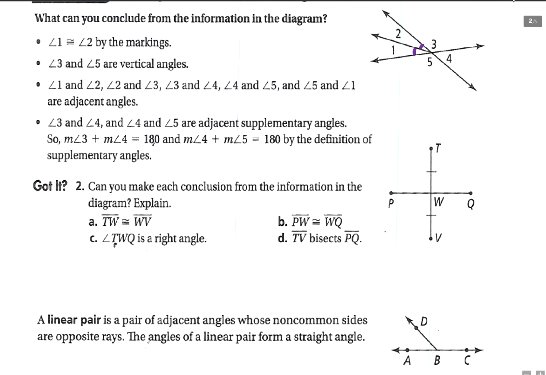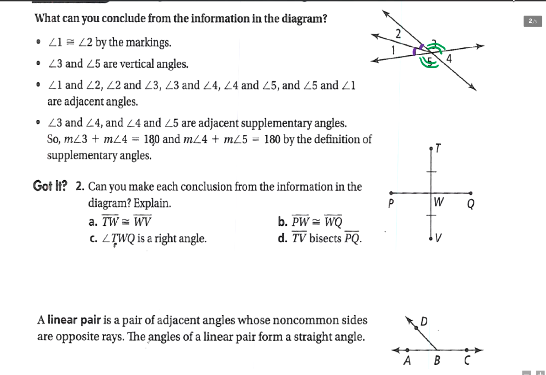Well, of course we can, because we have two intersecting lines. So 3 and 5 are vertical angles. We have entire sets of adjacent angles here. You can go through all of those. Like angle 1 and angle 2 are adjacent, angle 2 and angle 3 are adjacent, 3 and 4 are adjacent. They're angles that are next to each other and have a common side.